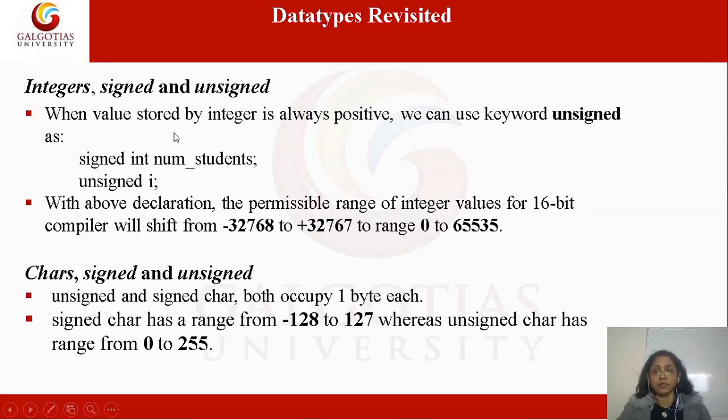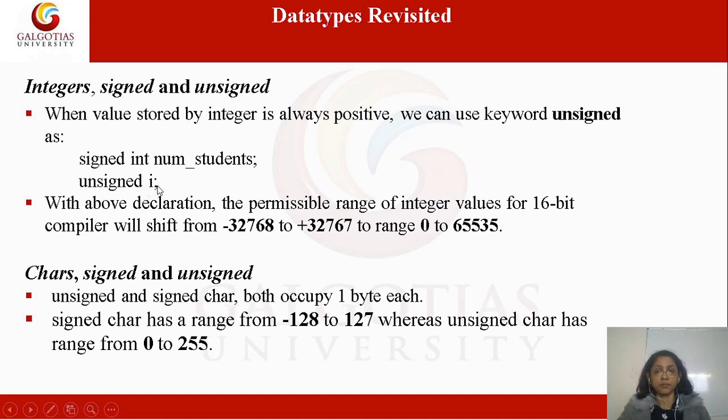Now, in case of integer, signed and unsigned: when the value stored by the integer is always positive, we can use the keyword unsigned. You write signed int if it is signed, or unsigned int if it is unsigned.